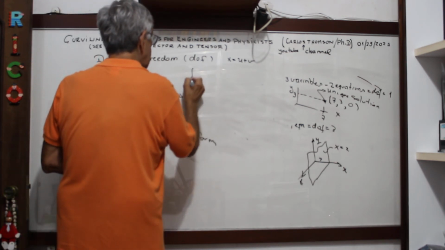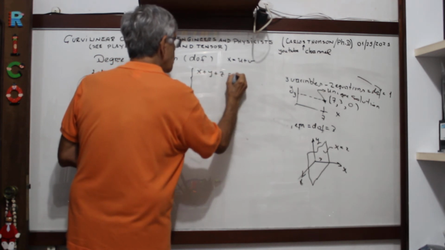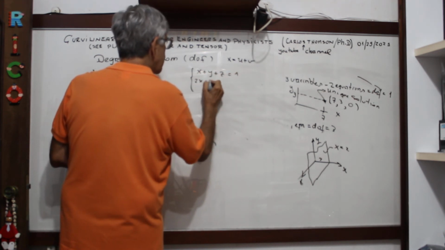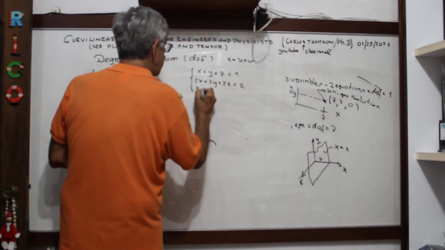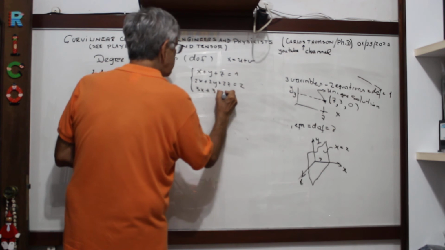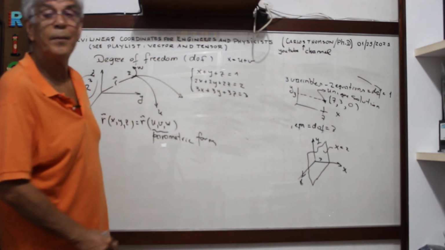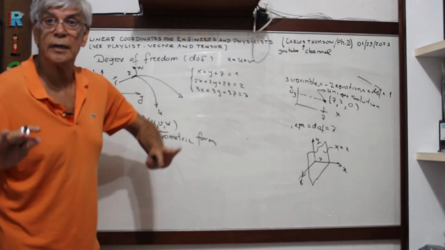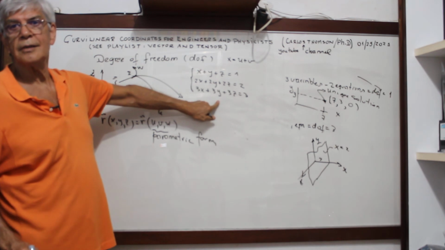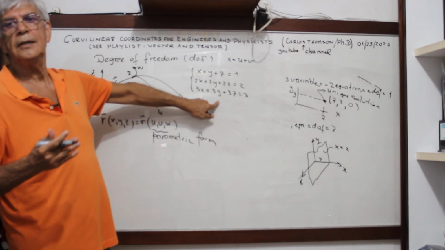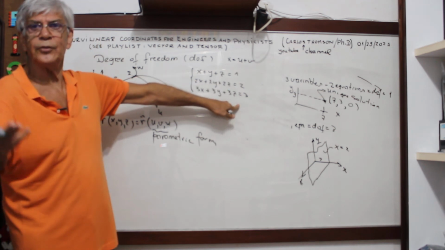For instance, very simple. x plus y plus z is equal to 1. 2x plus 2y plus 2z is equal to 2. 3x plus 3y plus 3z is equal to 3. Okay? Just to see quickly. Now, I have 3 equations and 3 variables.